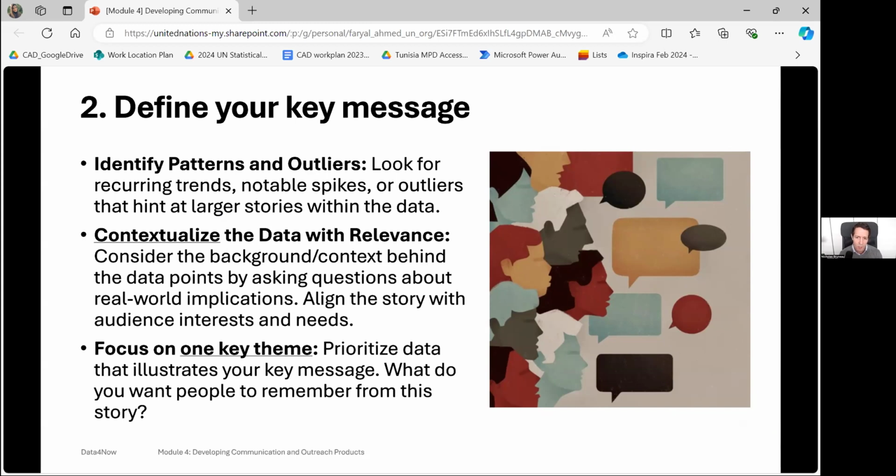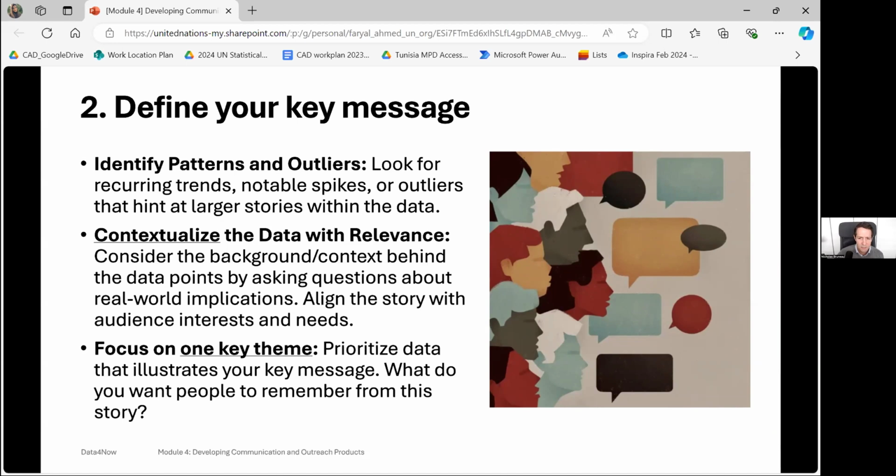So aligning it with the national issues, and also the audience interests, and to really try to bring that all together into one theme, so that it is something that makes sense, and they can really understand with that key message how the data then relates all together for your data story.